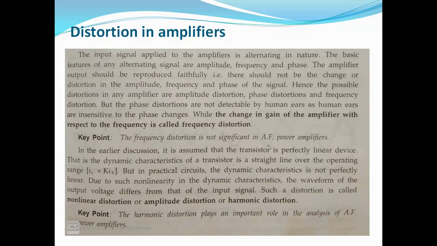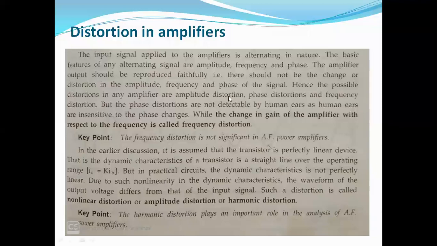But in practical circuits, the dynamic characteristic is not perfectly linear. That means there is some non-linearity. Due to such non-linearity in the dynamic characteristics, the waveform of the output voltage differs from the input signal.